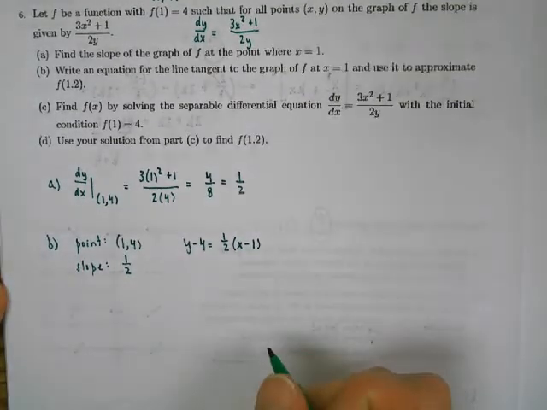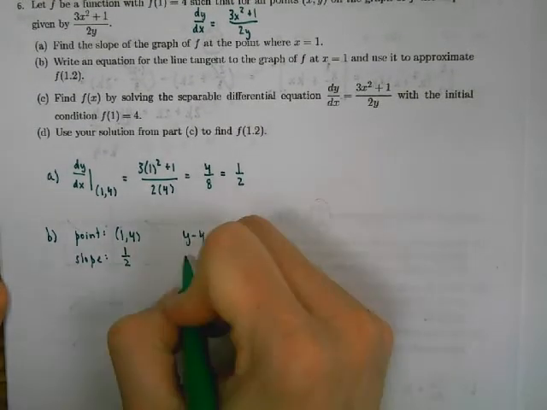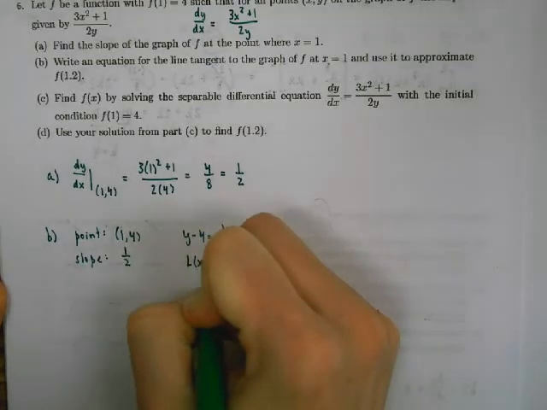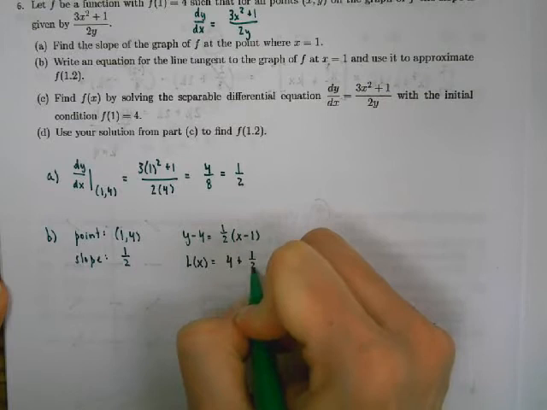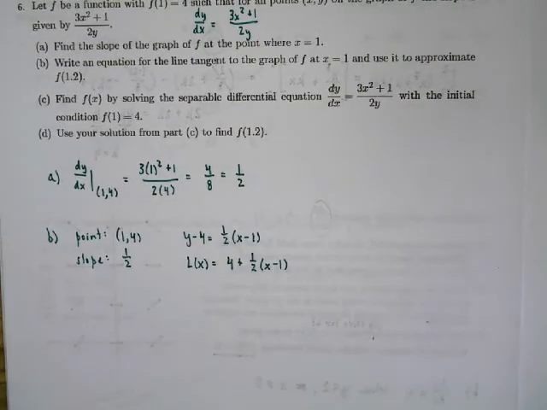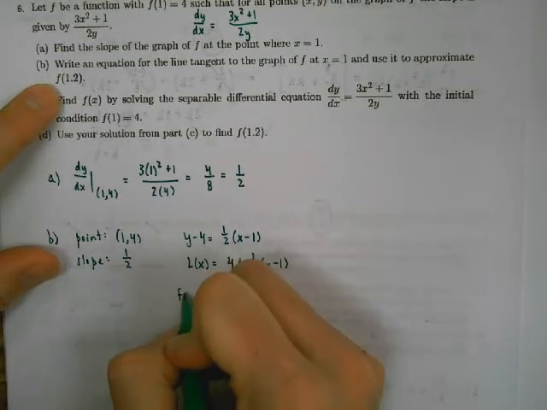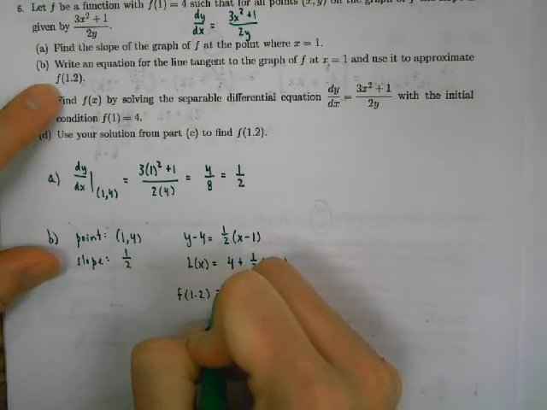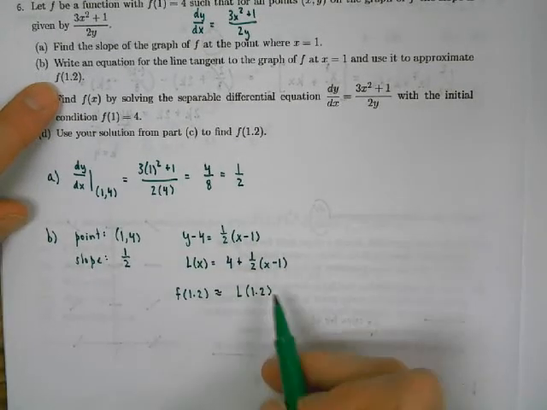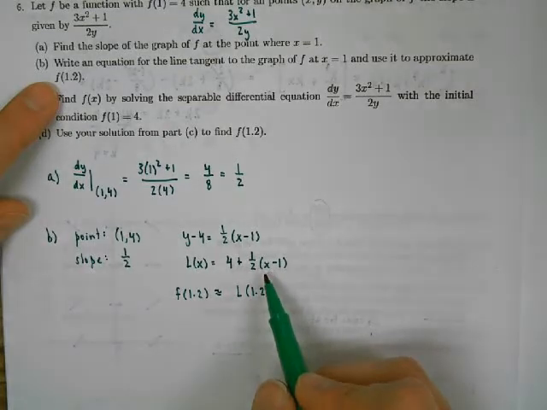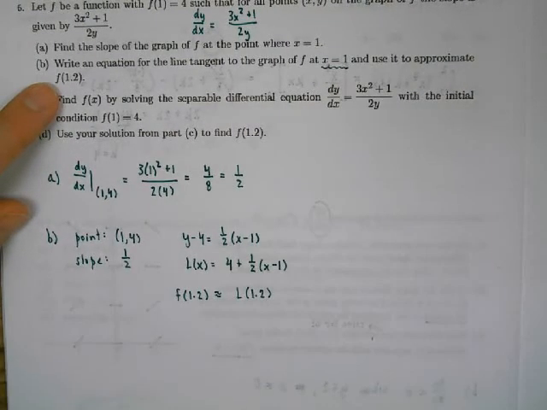So now I'm going to rewrite this. Back when we did our linearizations, we used the tangent line to approximate a function value. We changed our y to L of x, and we just moved everything else over. So now I want to approximate f of 1.2. I know that's approximately my linearization at 1.2, because remember, this is the tangent line, so it's just approximating values very close to x equals 1.